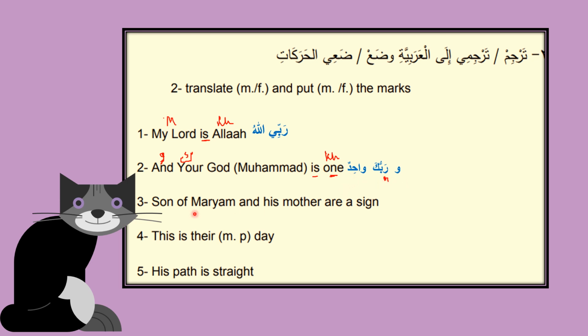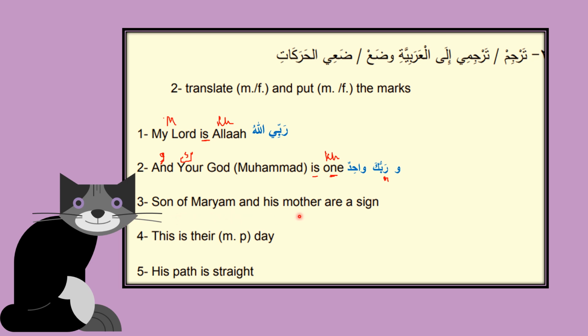The second one, son of Maryam. There is an "of" relation here, and "his mother" are "sign". So the first one is idafa, and this is also our jumla ismiya, son of Maryam, idafa. So what are you going to write?